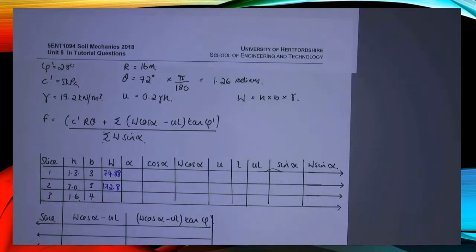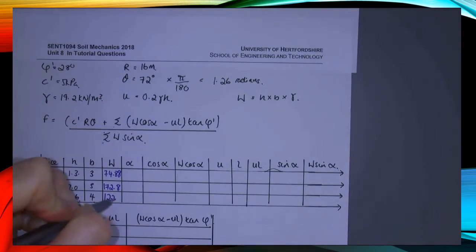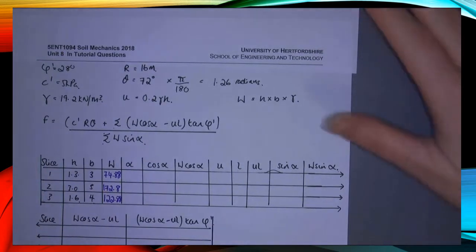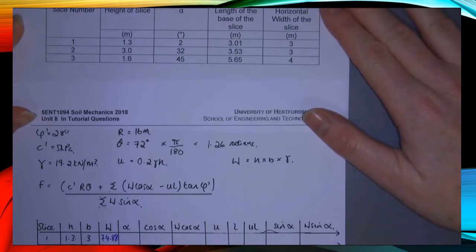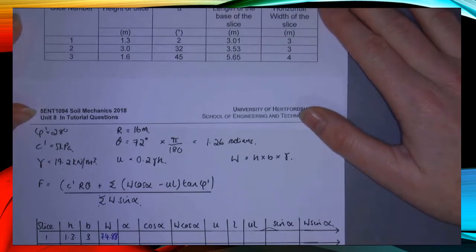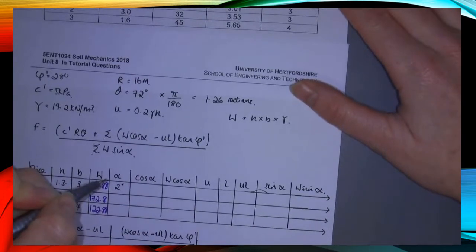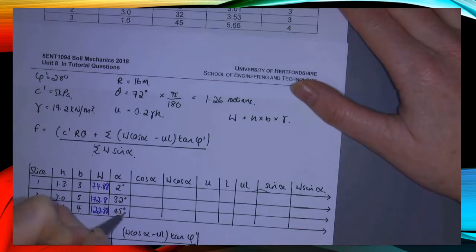Then 1.6 times 4 times 19.2 was 122.88. Now we go back to the original table that we've been given to populate our alphas. So the alpha values there, as you can see, are 2 degrees, 32 degrees and 45 degrees.